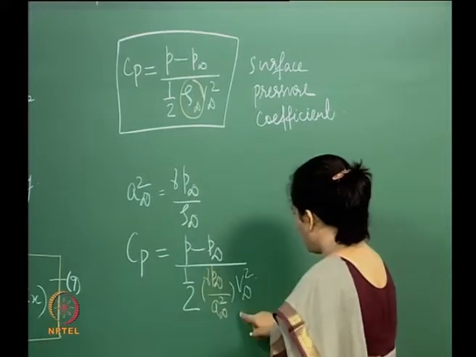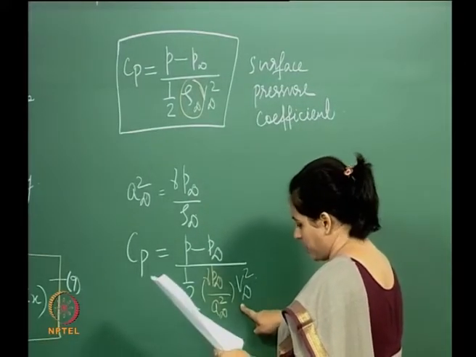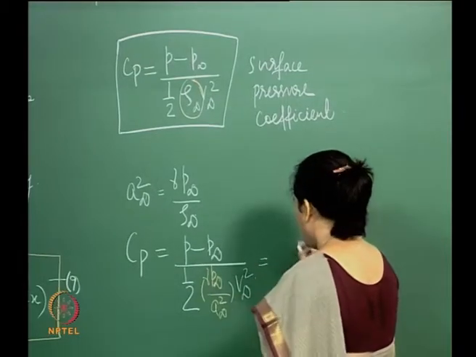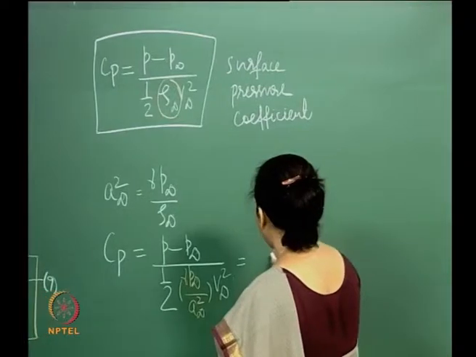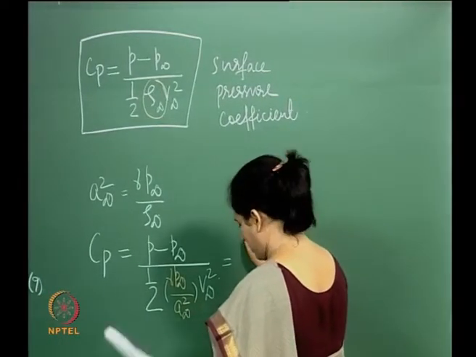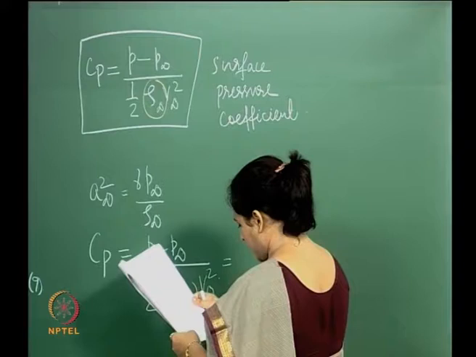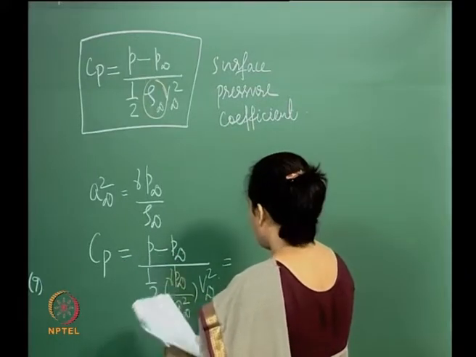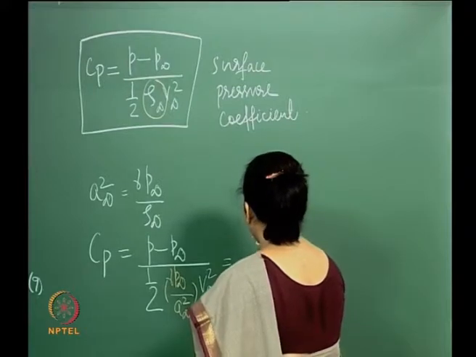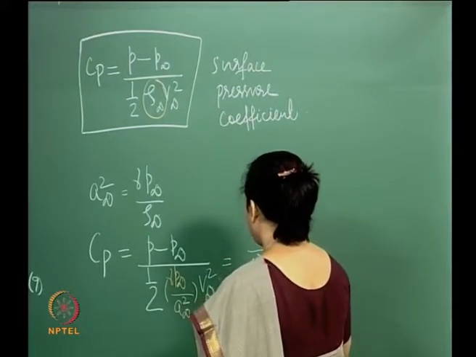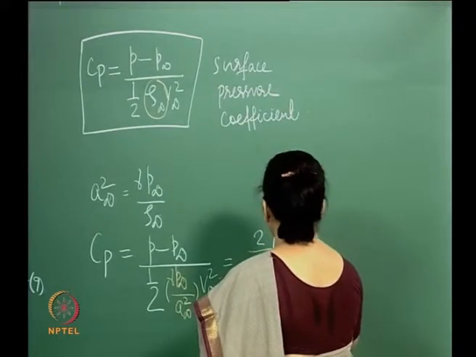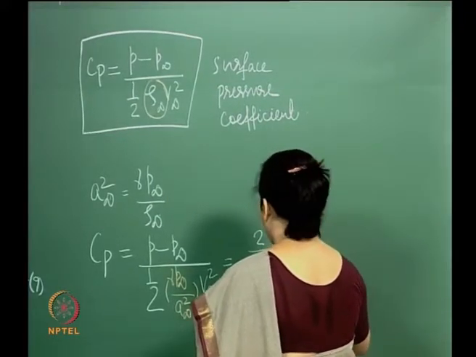So, therefore, you can pretty well see from here, this can be written as 2 by gamma into p minus p infinity by p infinity.